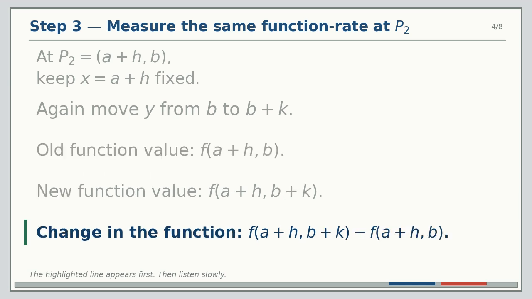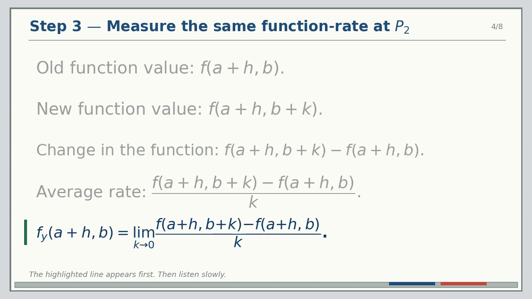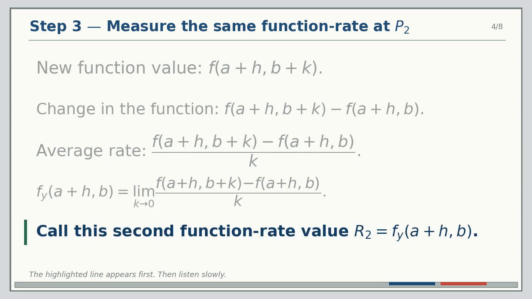The change in the function is f of a plus h comma b plus k minus f of a plus h comma b. Again, divide the change in the function by the change in y, which is k. Let k tend to 0. This gives f sub y at (a plus h, b). Call this second function rate value r2, equal to f sub y at (a plus h, b).